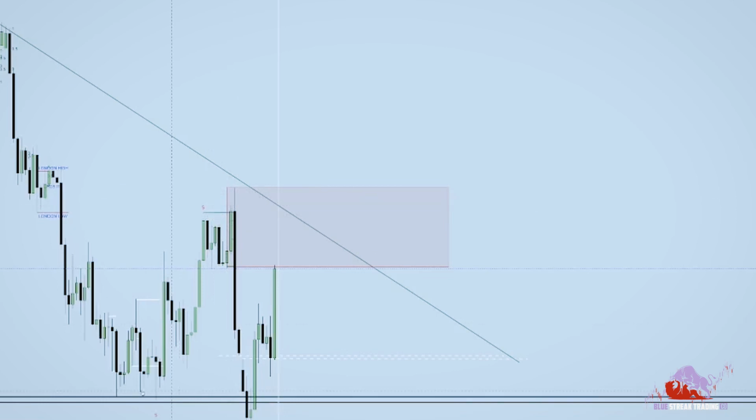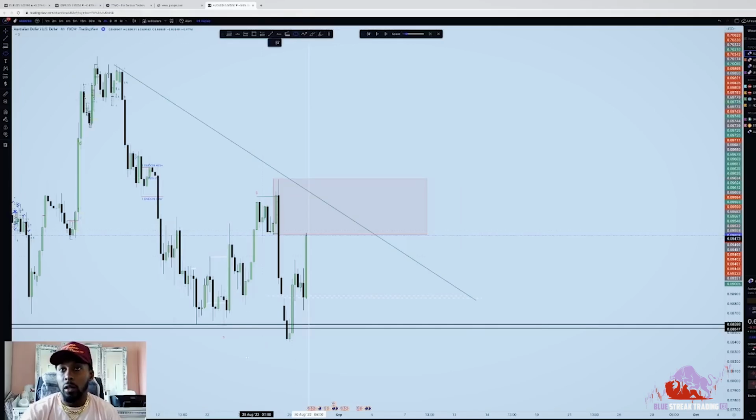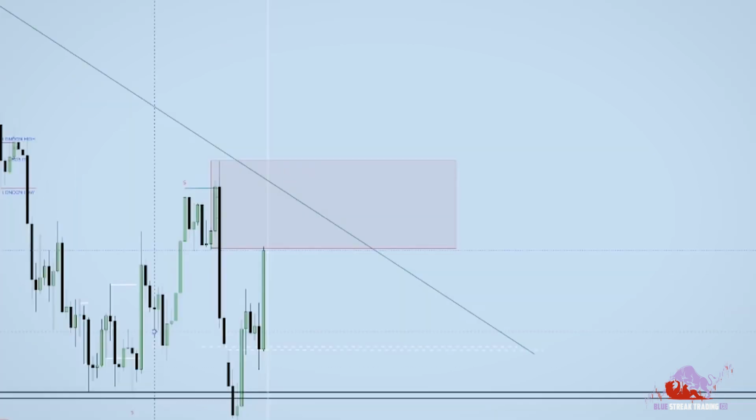It breaks down, breaks this structure here in the opposite direction. You have an intermediate term low here. I guess I'll mark it up for you real quick so you can see it. And price is fractal. It always repeats on every time frame. That's the beautiful thing about price action.